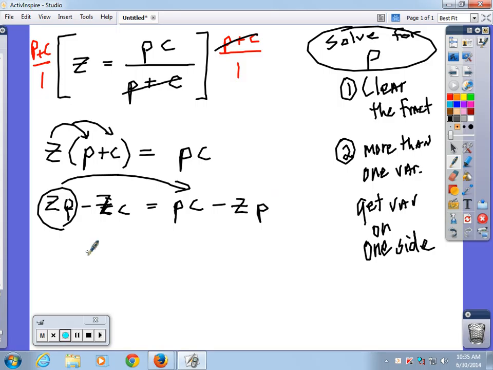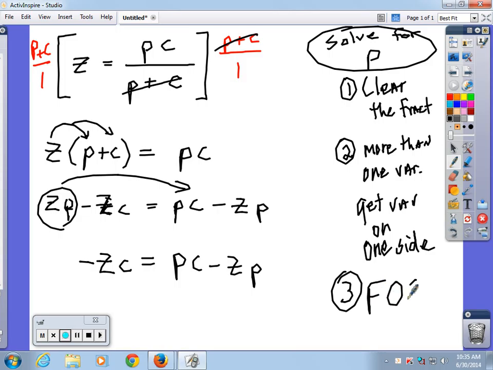So our equation looks like ZC is equal to PC minus ZP. Now, once you get your variables on one side, the rule that you're going to use after that is... How'd you get a negative ZC? No, it's supposed to be a plus. When I wrote it, it didn't show. I don't know why it didn't, but let me try another pen.